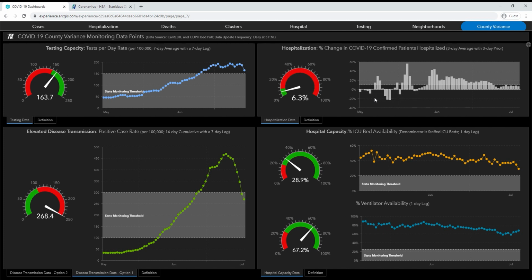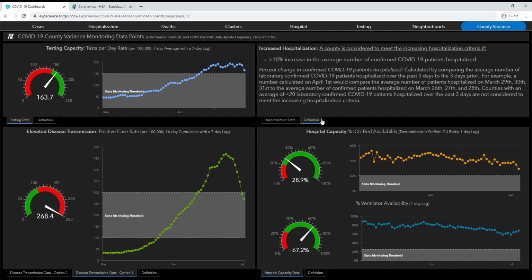The state threshold for this percent change in COVID-19 confirmed patients is 10%. Our percent change in COVID-19 confirmed patients is 6.3% from the previous 3-day average. So this means we are below the 10% threshold. This number will change as hospitalizations increase or decrease. If you would like to see the definition, you can click the definition tab next to the hospitalization data.